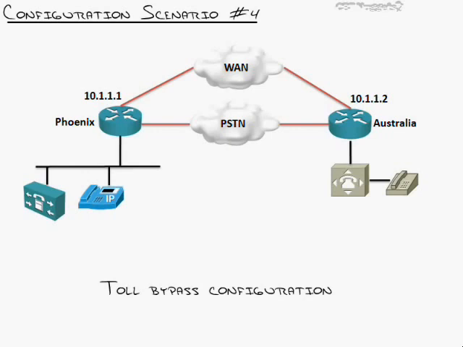So a lot of times you see international offices doing toll bypass, because that's where you really start seeing some cost savings. Let's say we've got an organization who has an office in Phoenix and an office in Australia.